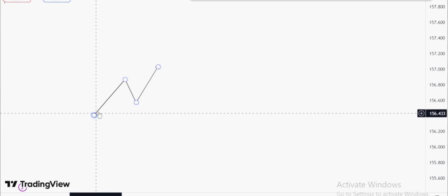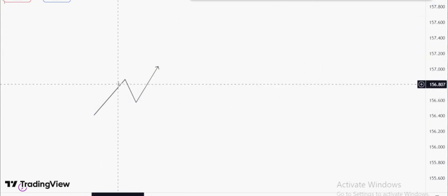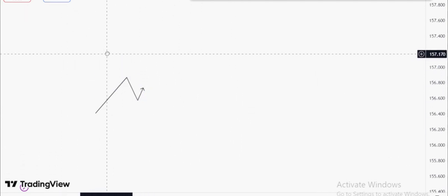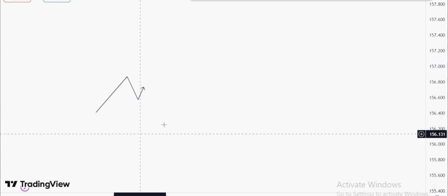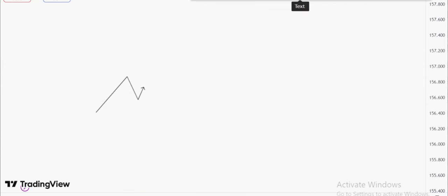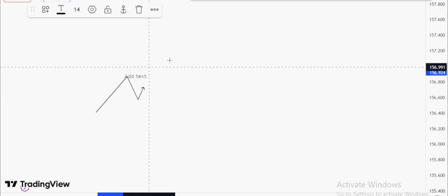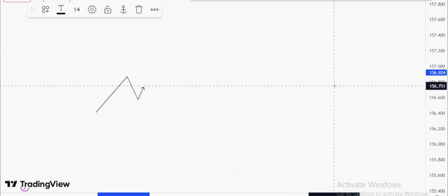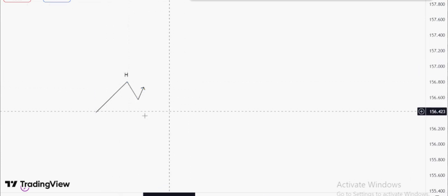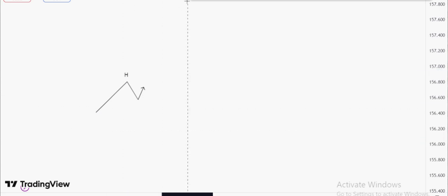When markets push, this right here is called a high. See, this hasn't been created yet. When markets push like this, the highest point within this leg of structure is called the high. And then the lowest point within this movement is called, I feel like I'm confusing you.